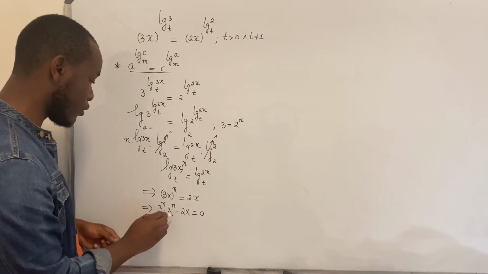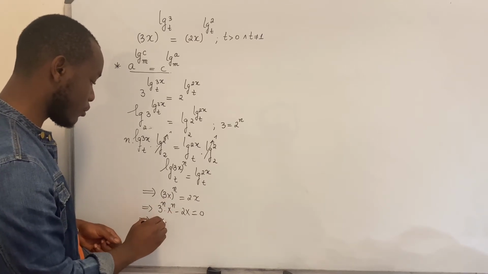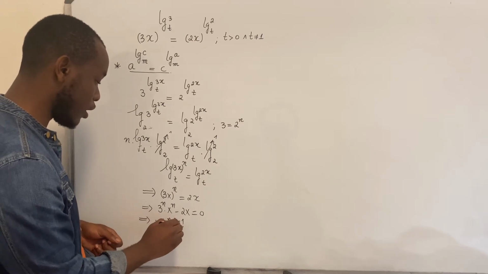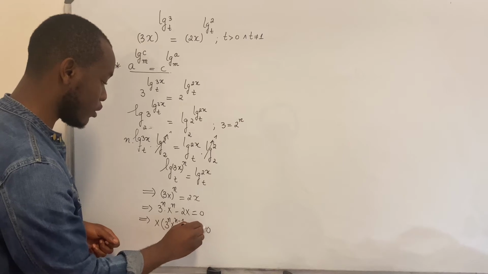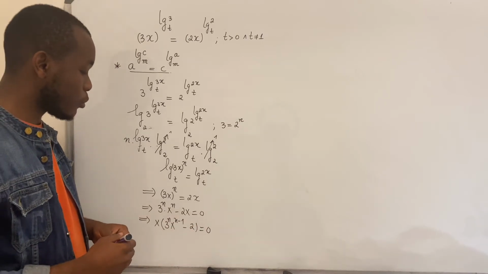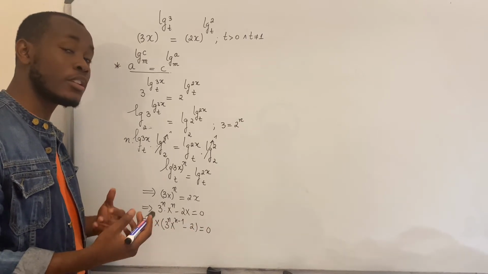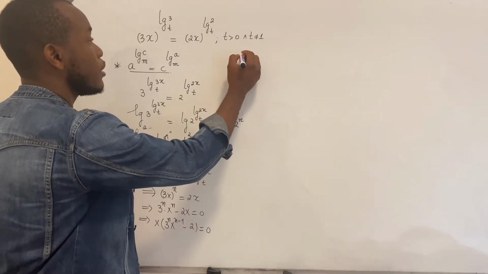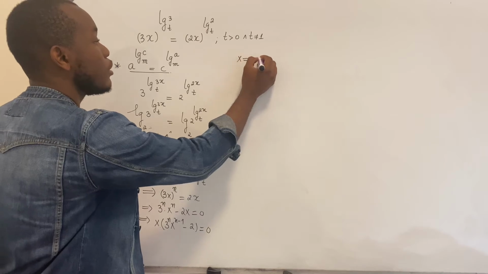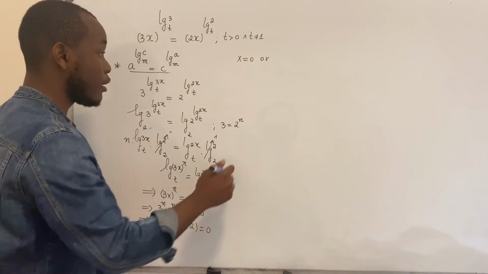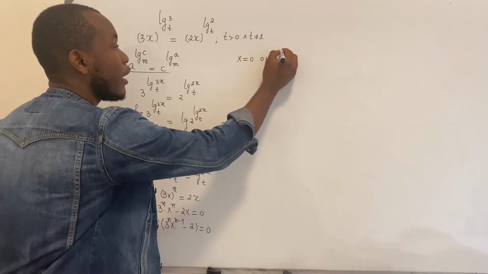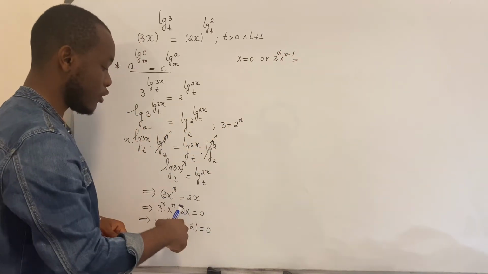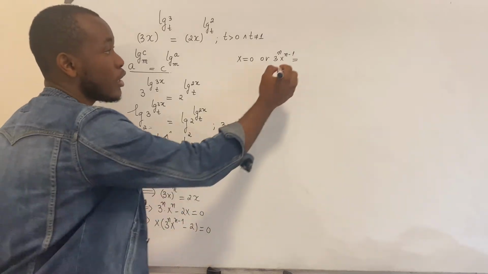So if we factorize x, we're going to have x times (3 to the power n, x to the power n minus 1, minus 2) equal to 0. So the product of two expressions is 0 if at least one of them is 0. So for this particular case, we say x equal to 0, or this other part, 3 to the power n, x to the power n minus 1 being equal to 2, because this negative 2 goes to that side positive.